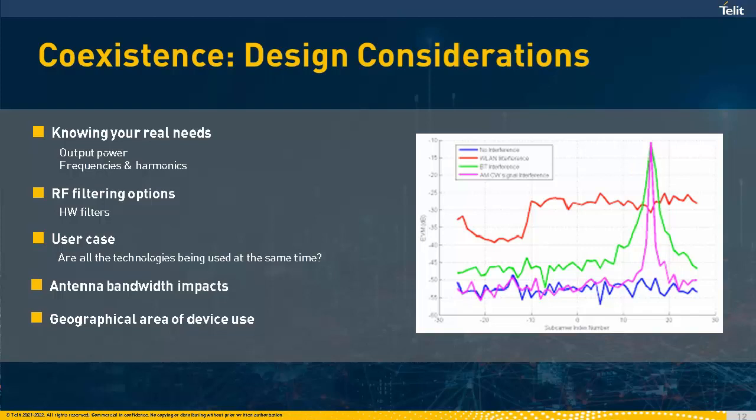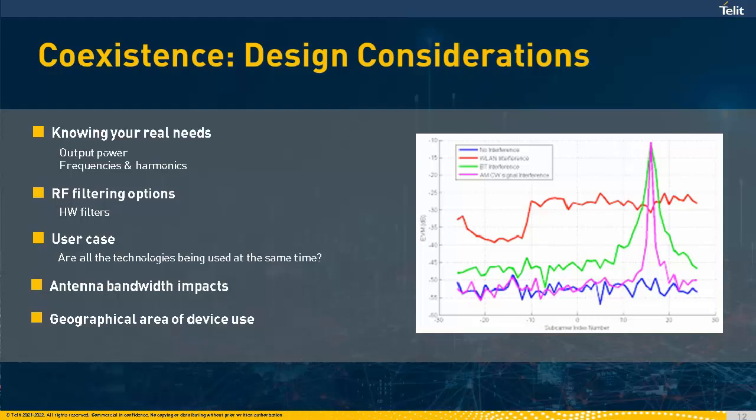Everything theoretically could be easier if we start by asking the right questions from the beginning. Such questions could be, for example, knowing your real needs. What is the output power of your device? Which frequency bands are used, and are any harmonics created during transmission? Do you have space in your design for some hardware filters in order to reduce interference between different technologies?